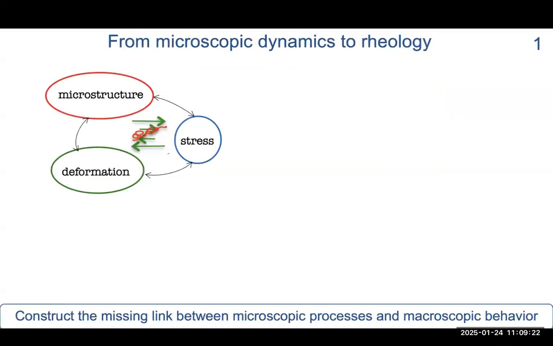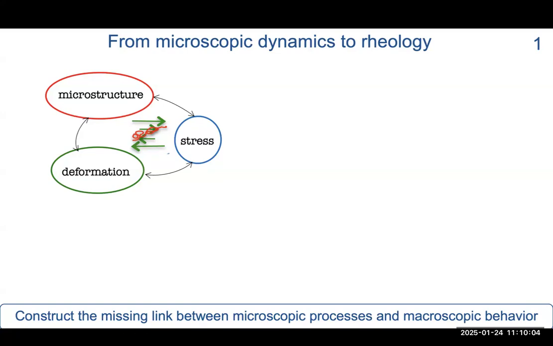So basically what we would like to do is to be able to construct, I hope that I've given you a sense from how I explain the focus of our research and the type of questions that we are interested in. Then I think it's clear why what we are trying to do is, in fact, to develop a computational tool, a theoretical tool, or set of tools, in which we can understand how microstructure forms, which then determines how the material can build stresses to accommodate, for example, deformation during flow, and how then this deformation changes the structure, which then changes the stresses, which then changes the response to the deformation.